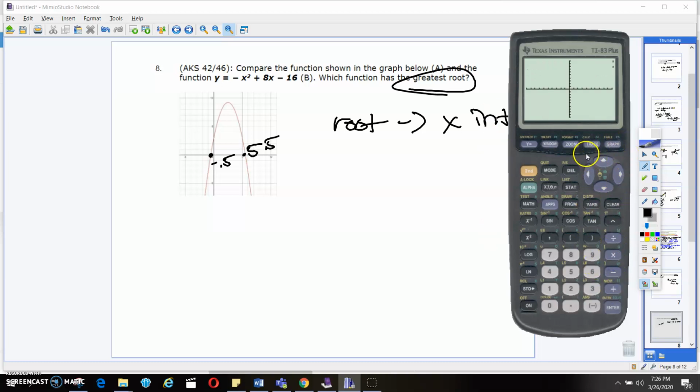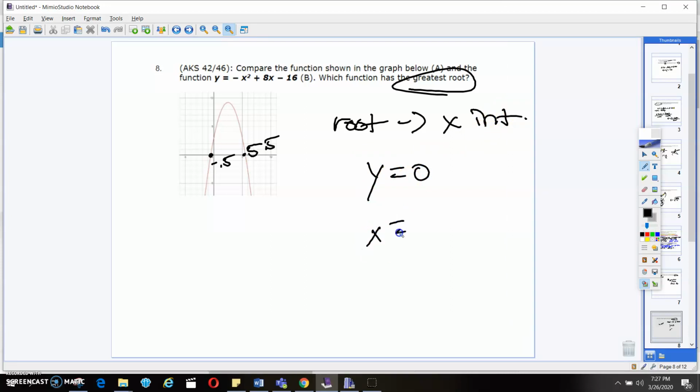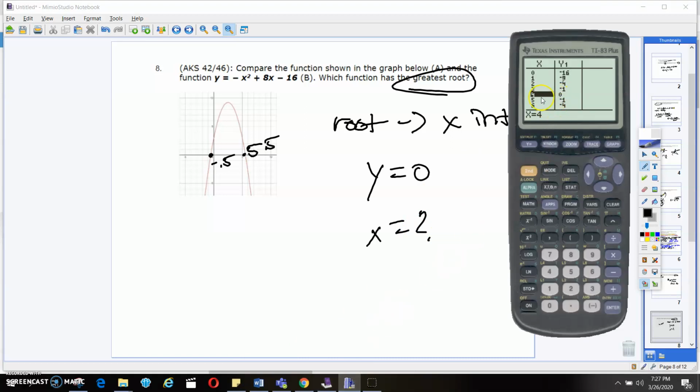Pay attention to your signs, please, okay? And if I actually graph this, I'm trying to see where it crosses the x-axis. So where does it cross? Well, can't really tell from that, but I know it's going to be on the positive side, okay? Well, x-intercepts, that's when y is 0, what is our x, right? So when we look at this, y is 0, what's our x?